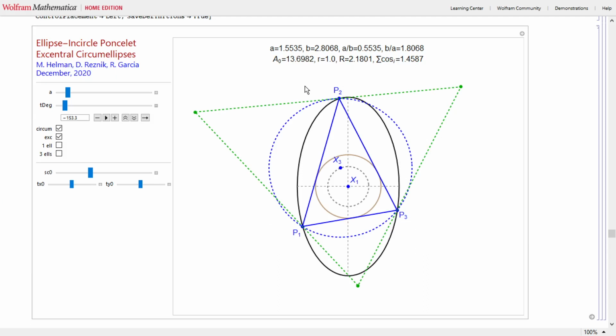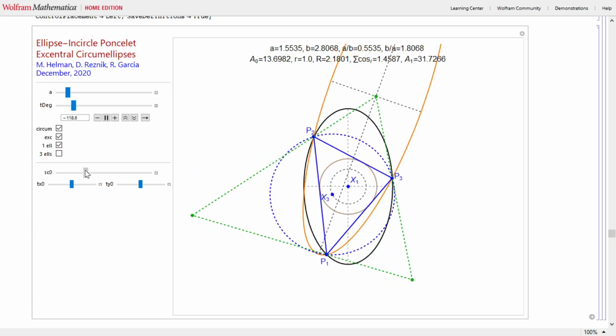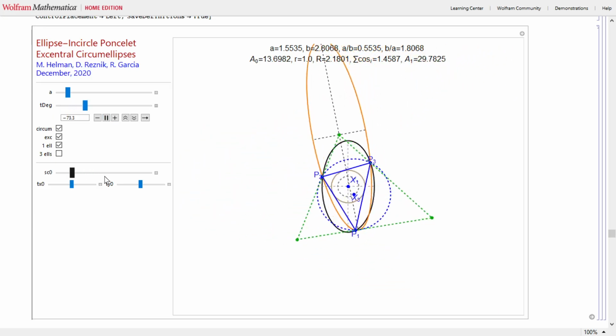And I want to specify the center of that ellipse to be one of the excenters. For example, this one. So let's draw it. Actually, I chose this one here on the right. So here's an ellipse shown in orange, centered on one excenter, which passes through the three vertices of the family. So I can watch that circumellipse, defined as we just did.